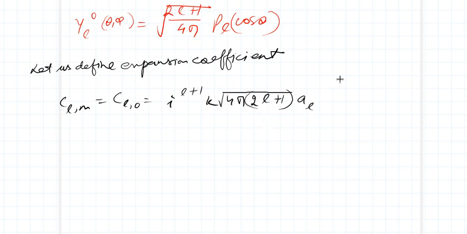And what is A_L? This A_L is known as the Lth partial wave amplitude.